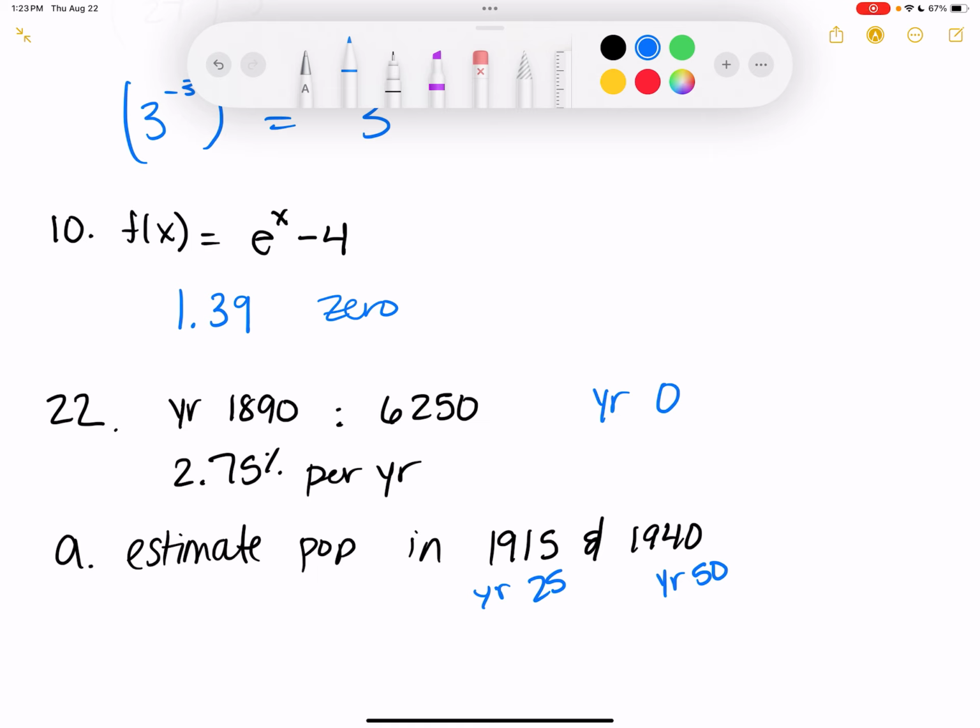Okay, so I also need this percent as a decimal, so what would that be? 0.0275.